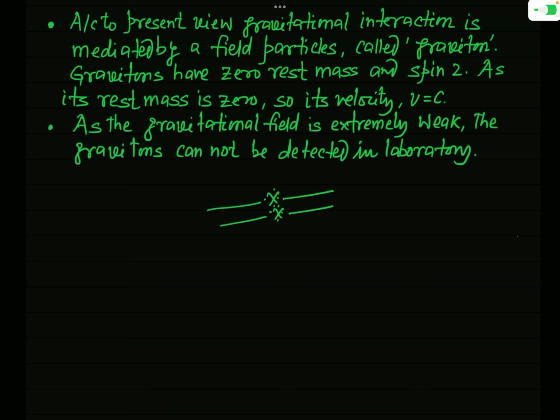But what is the present concept of this gravitational interaction? As I have told you earlier, according to the present concept, any interaction is mediated by a field particle. For example, the electromagnetic interaction is mediated by a photon. The weak interaction is mediated by the intermediate bosons.